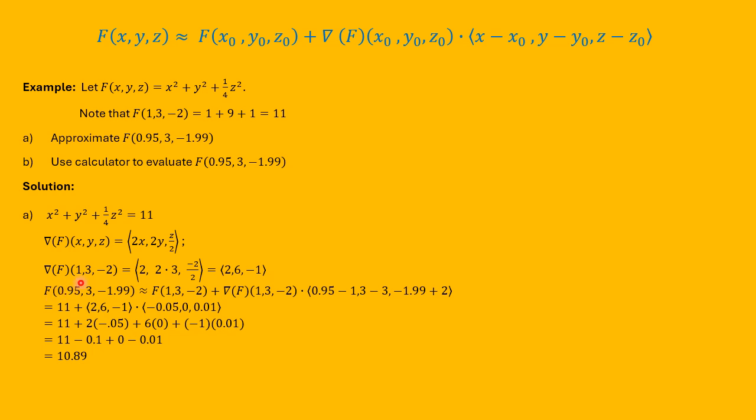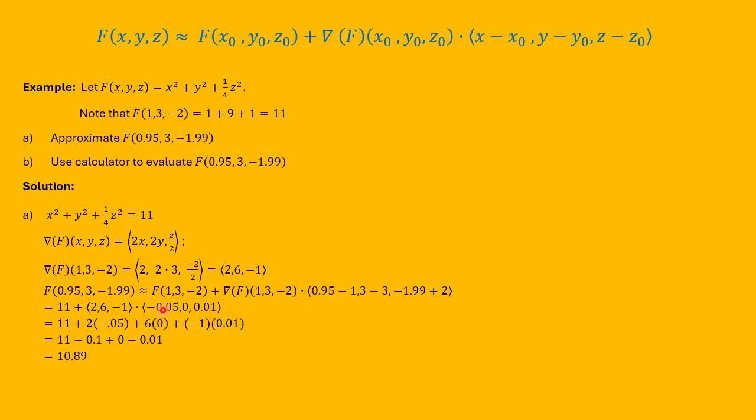F of 0.95, 3, and minus 1.99 is f of 1, 3, minus 2. We know the value of f at that. It's 11, isn't it? Plus the gradient of f at 1, 3, minus 2 times, and now we have x minus x naught, y minus y naught, z minus z naught here. 0.95 minus 1, 3 minus 3, which is 0, minus 1.99 plus 2.